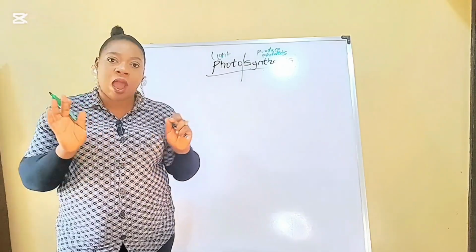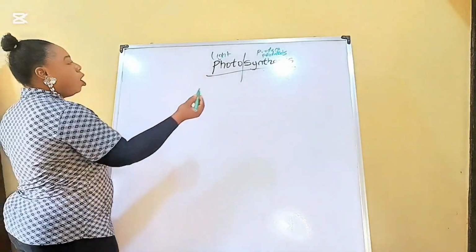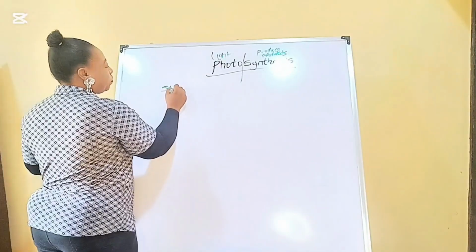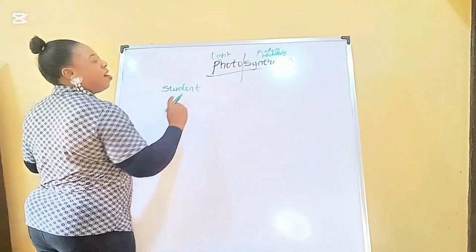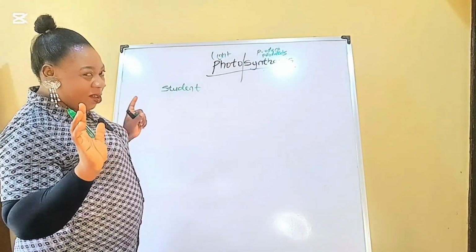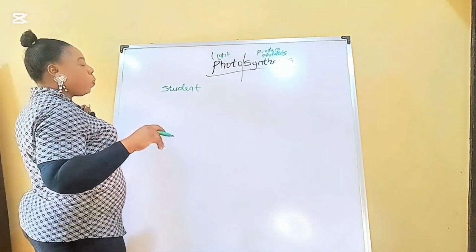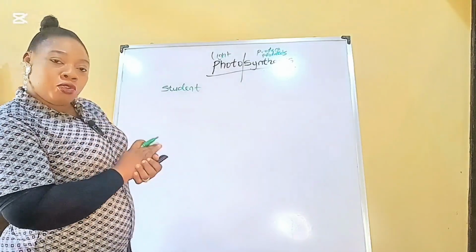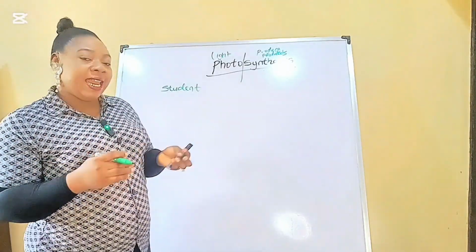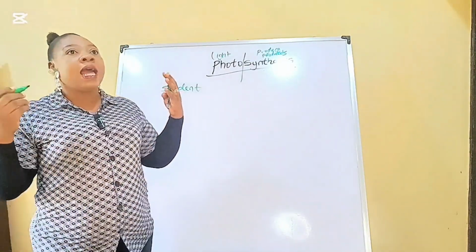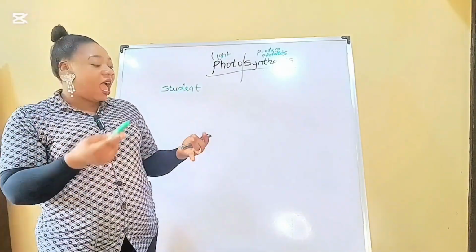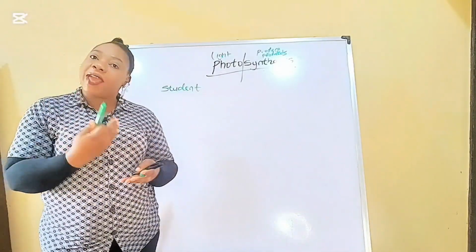So you, student, you are very, very hungry. So you need food. The food that you want to eat is noodles and egg. And for you to prepare that, firstly, you must have noodles and you must have egg.